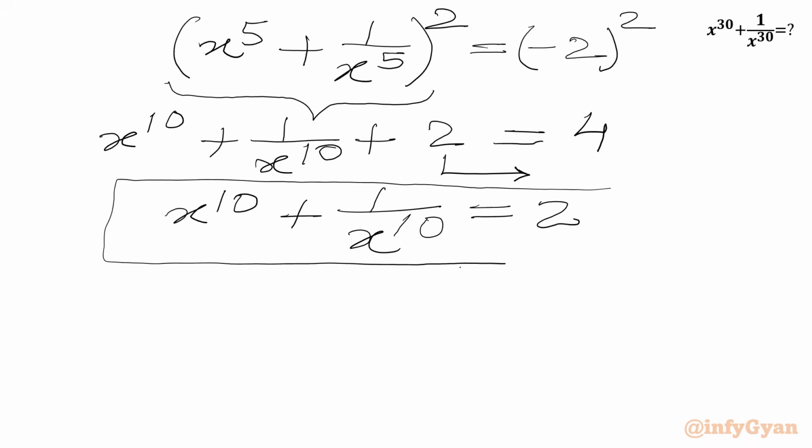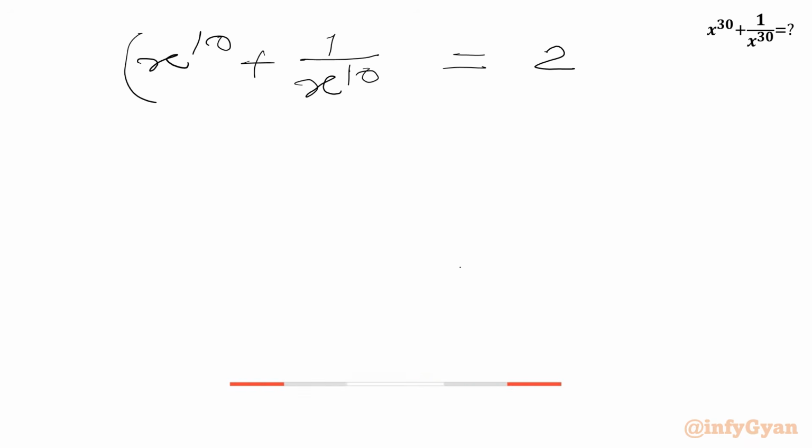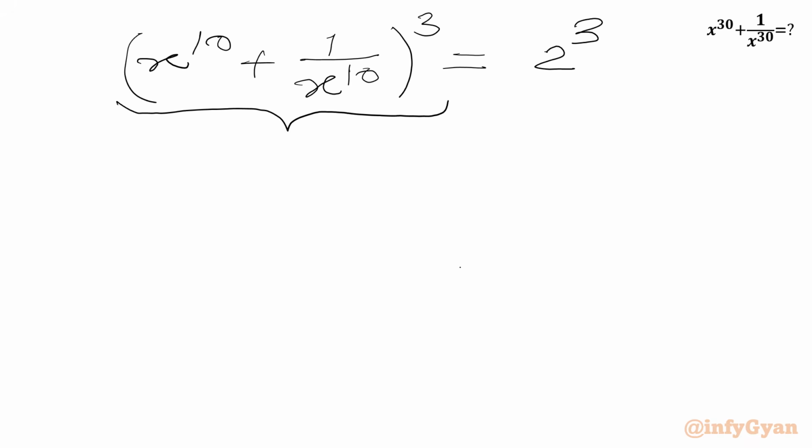Now our target expression is x³⁰ + 1/x³⁰. So we have to consider cubing both sides. So I will write here x¹⁰ + 1/x¹⁰ equal to 2. Let's put power 3 on both the sides. Now we will be using the (a + b) whole cube formula in the left hand side.